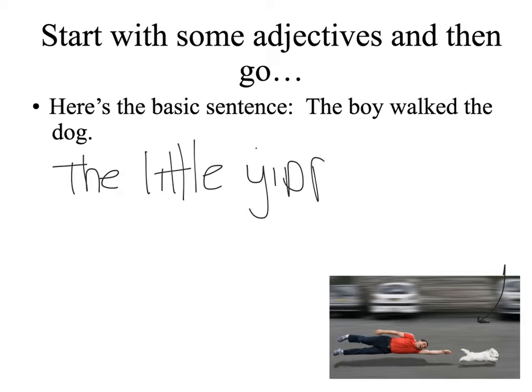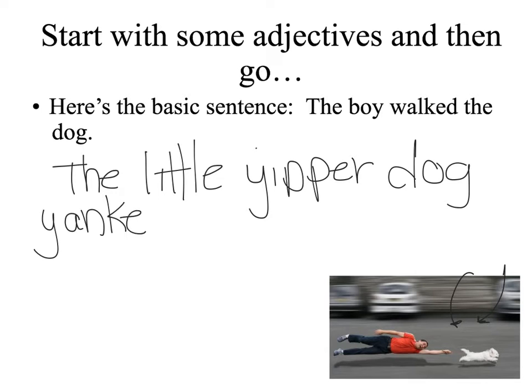The little yipper dog. Now, I want to use a verb here because you can also see that he's being yanked, pulled, dragged. I'm going to use the word yanked. Yanked. So, and instead of the word hard, I'm going to say ferociously.